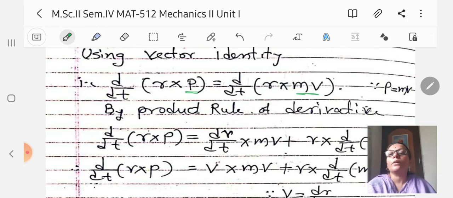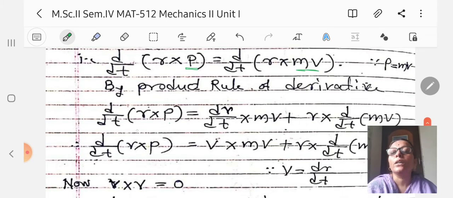So we write d by dt of r cross p as dr by dt cross mv, and next, taking r constant, plus r cross d by dt of mv.